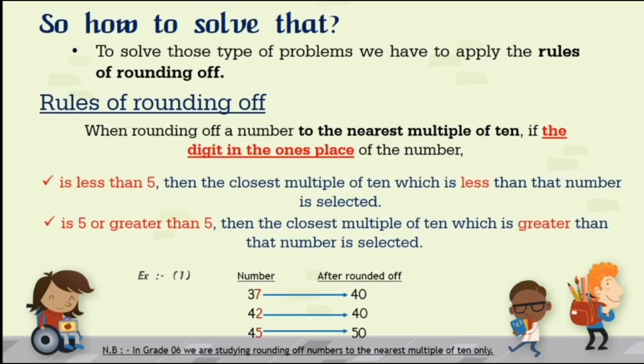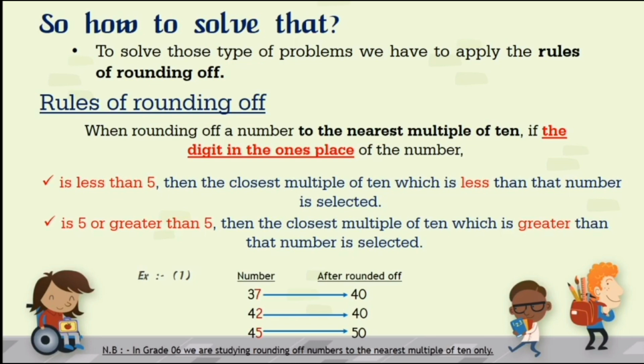So how to solve that? To solve those types of problems, we have to apply the rules of rounding off. So let's see what the rules of rounding off are. When you are rounding off a number to the nearest multiple of 10, if the digit in the ones place of the number is less than 5, then the closest multiple of 10 which is less than that number is selected.